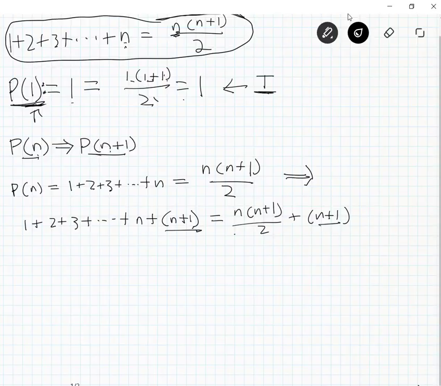Okay, now let's take a look at the right side. We make the denominator 2 over here, we have to put a 2 in the numerator.